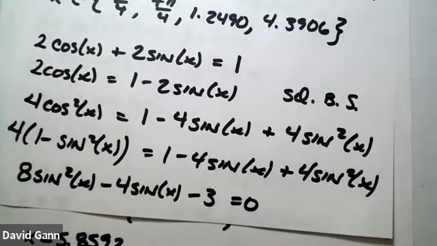Let me take the cosine of that number times 2, and then plus the sine of that number.